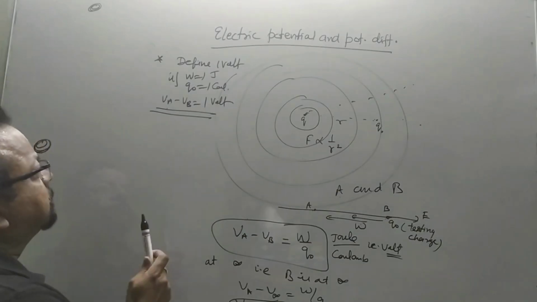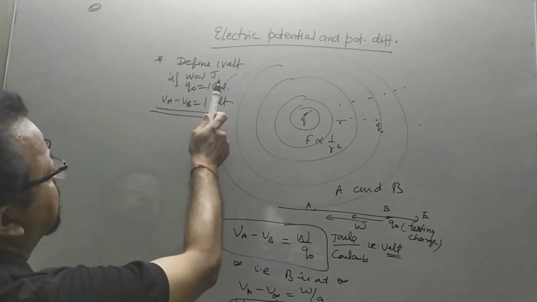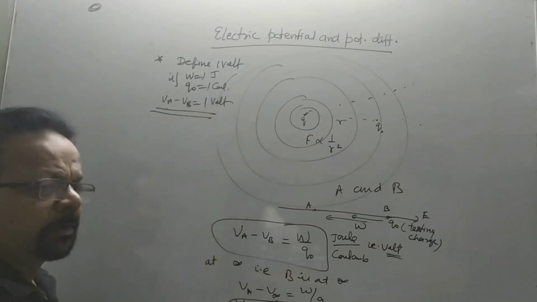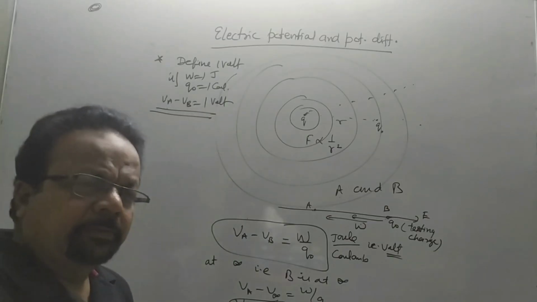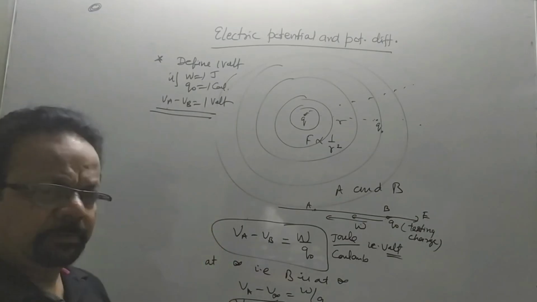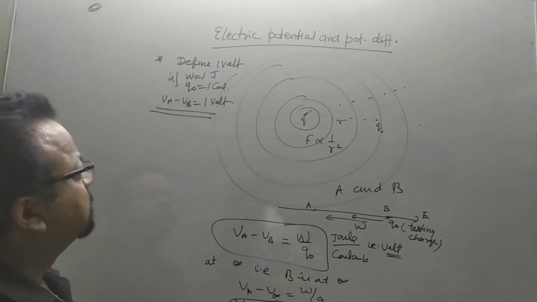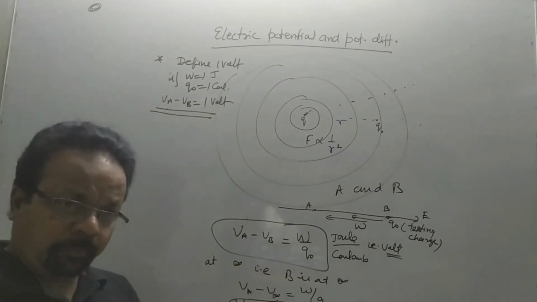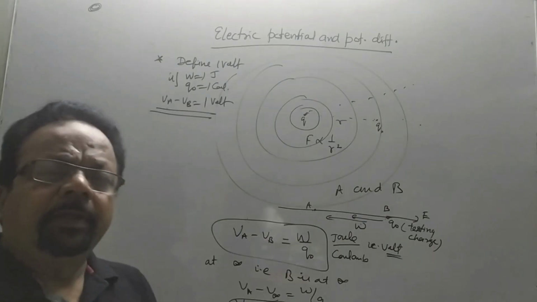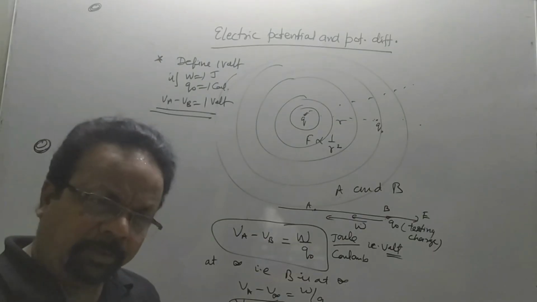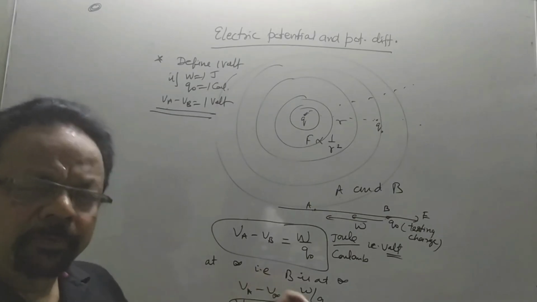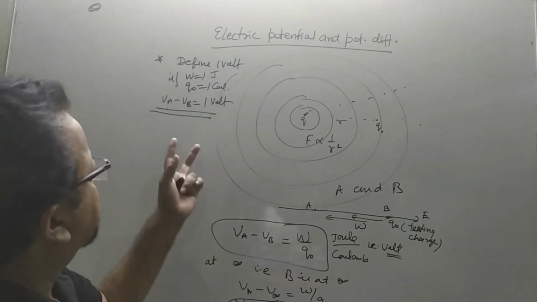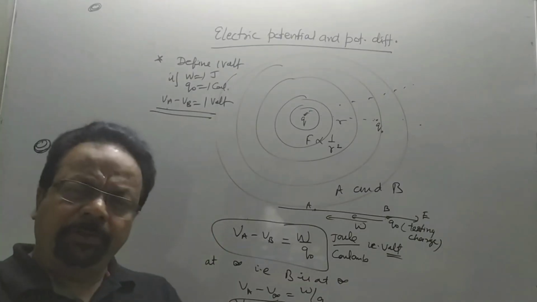Definition of 1 volt: if 1 joule work is done in moving 1 coulomb charge between 2 points A and B, then potential difference will be 1 volt. Or 1 volt is defined as work done in moving 1 coulomb charge between the 2 points if 1 joule work is done.